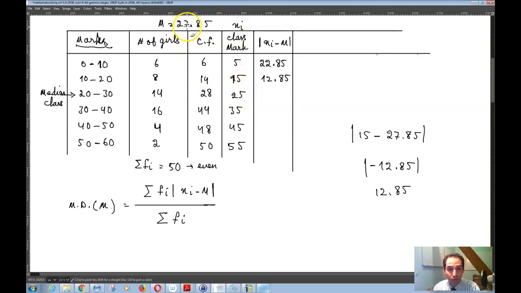Again, 25 minus 27.85 is negative 2.85, which we take as 2.85.